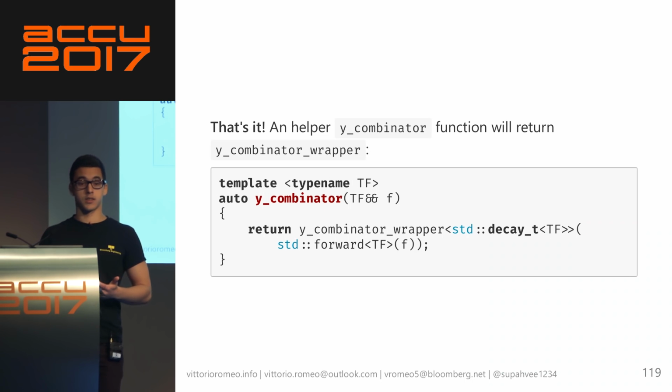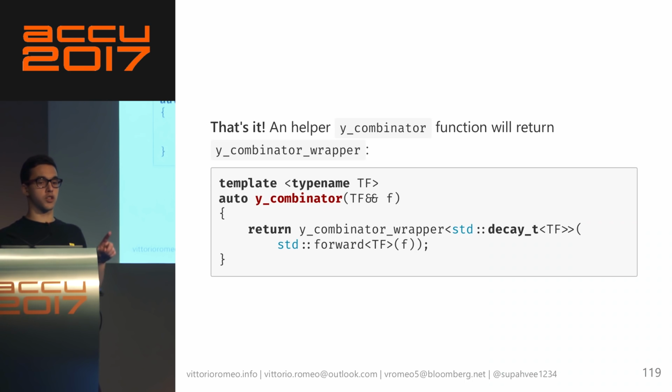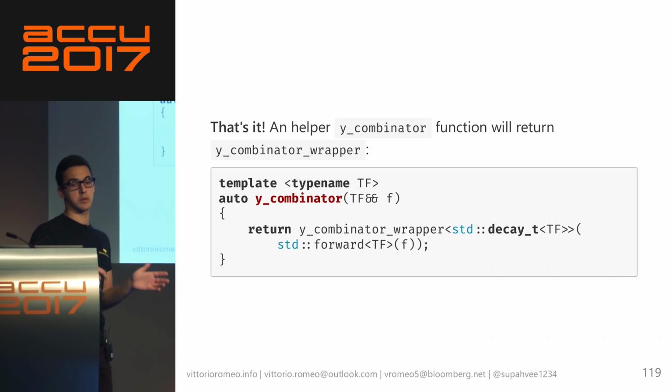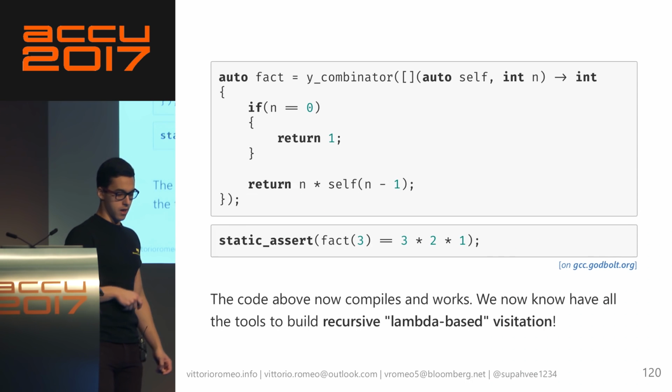So deduction guides and template argument deduction for classes are new features in C++17 that basically remove the need of writing all this boilerplate that uses template arguments, because now template argument deduction for classes is allowed from the class instantiation itself. And yes, it would completely eradicate the need for this, but I want to be C++14 friendly for the talk. So that's the reason.